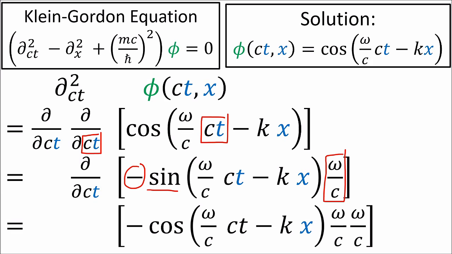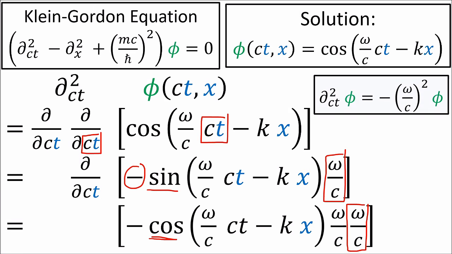If we take the derivative again, sine becomes cosine, and we get another factor of omega over c by chain rule. So for our cosine solution, we see that phi and the second derivative of phi with respect to time are proportional, where the proportionality constant is the negative frequency squared.